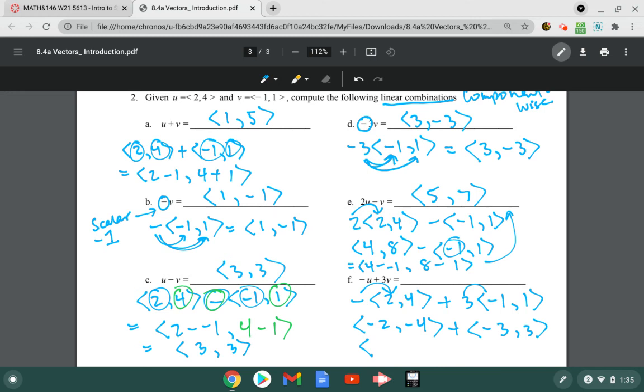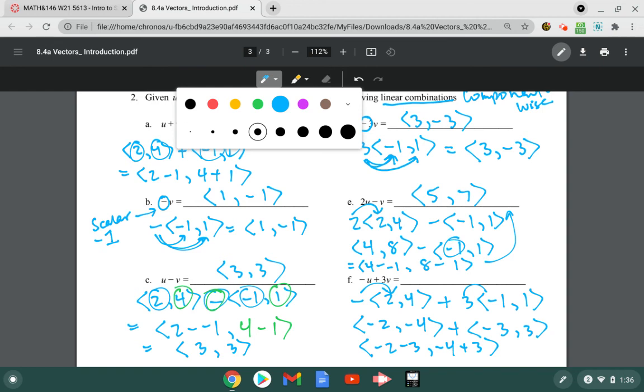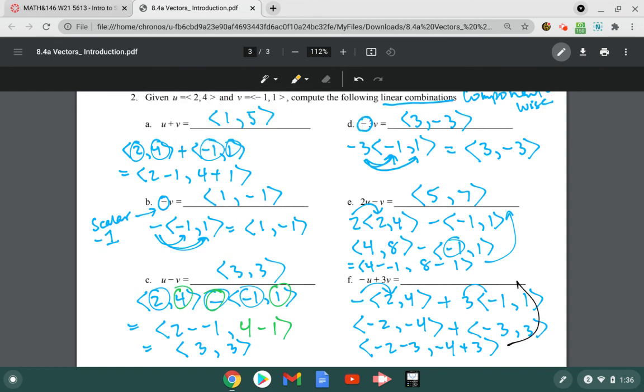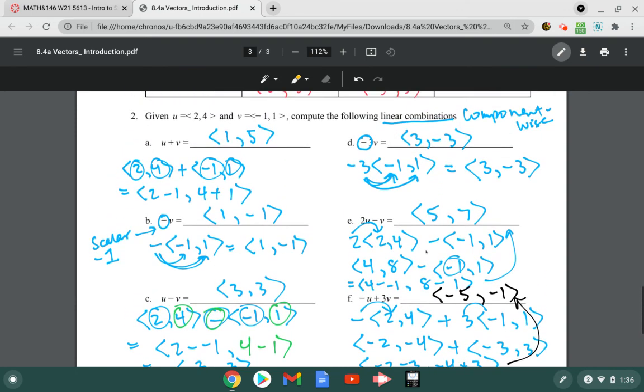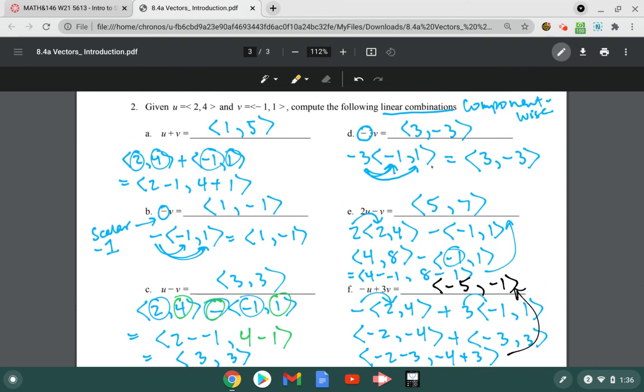Adding these component-wise, -2 plus -3. Y components, -4 plus 3. So my answer, which is going to be completely lost on that answer line, so I'll write it in black. My answer is -2 minus 3 is -5. -4 plus 3 is -1. And that's all there is to these linear combinations with the vector arithmetic.